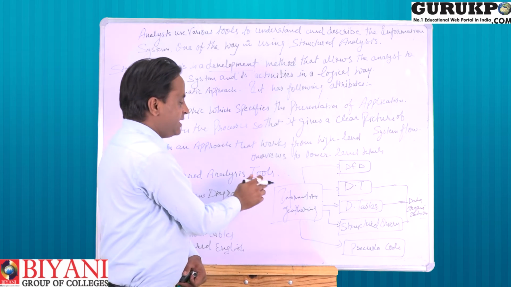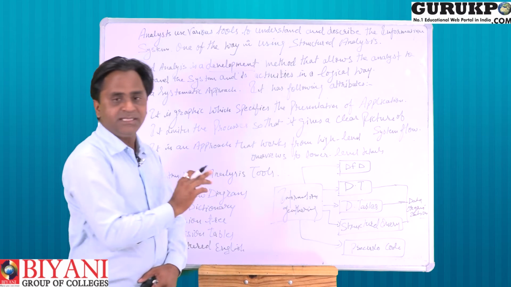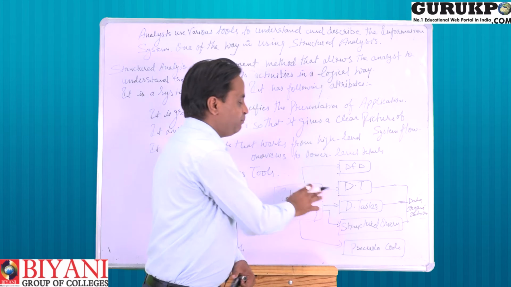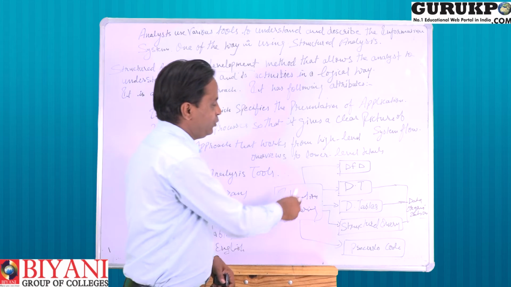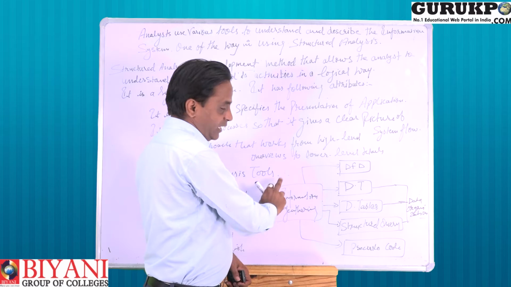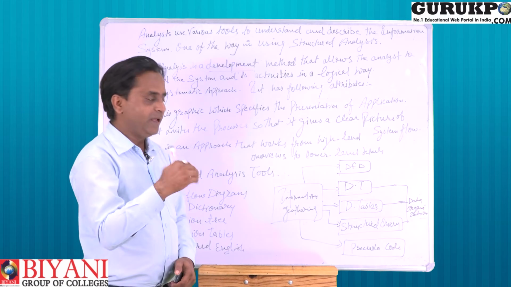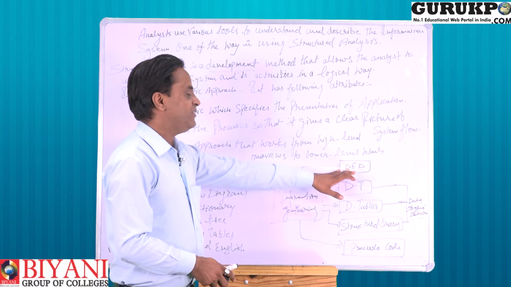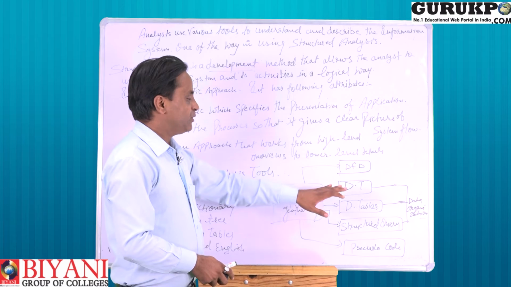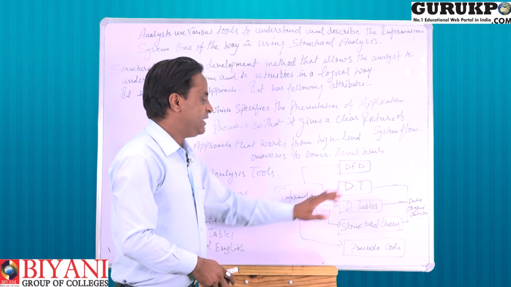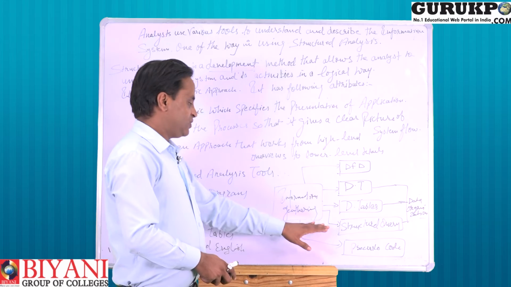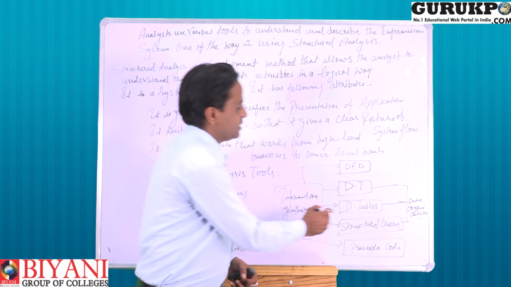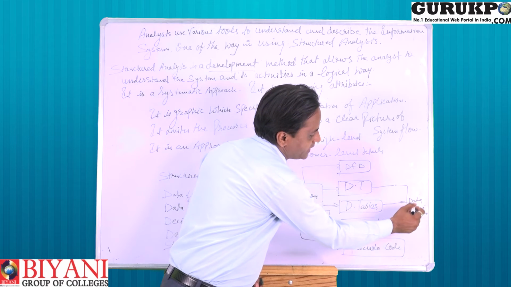Then decision tables are also created, along with structured queries and pseudo code. First we gather all the information, then use the DFD, then the decision tree, then decision tables, then structured query, then pseudo code, and after completing these things we use data organization.